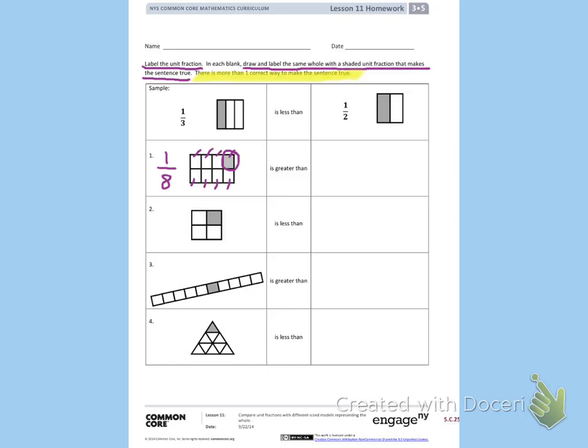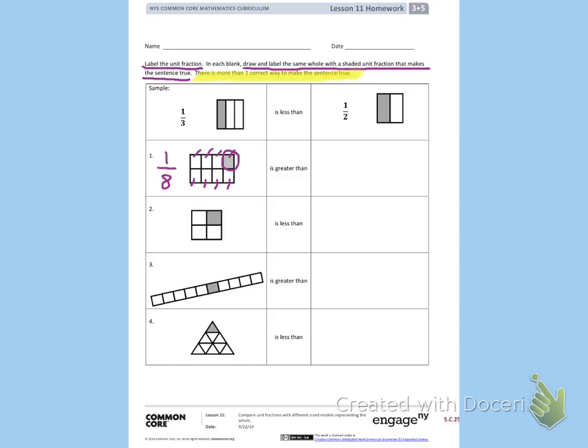Now the sentence says 1/8 is greater than blank. When trying to decide what is the correct answer to draw in the final column, I need to think about the rectangle that's drawn there. If I have 8 pieces, and I'm trying to figure out how to make a rectangle that has smaller pieces than that, I have to think about dividing the rectangle into smaller pieces or into more pieces.